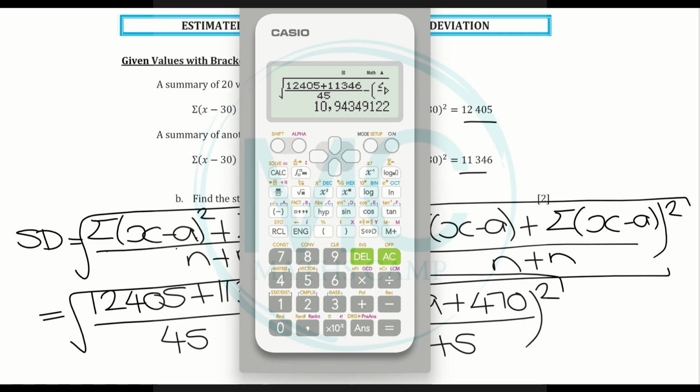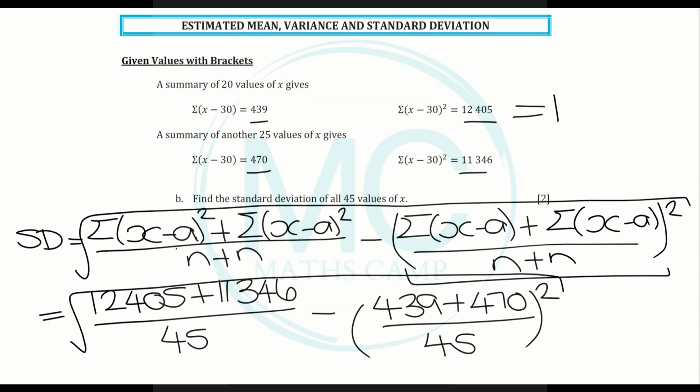Let's round off to 3 significant figures, and I can see that my standard deviation, I'm going to write it up here, is equal to 10.9.